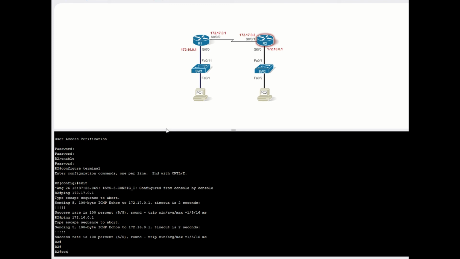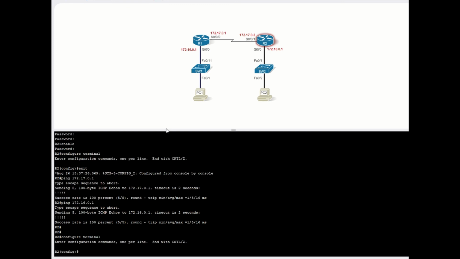So let's configure our hostname. Config t, IP host R1 serial, and the IP address of the serial port here, so it's 172.17.0.1.